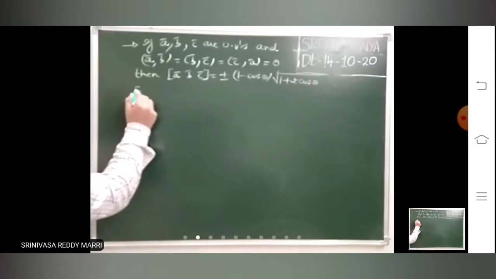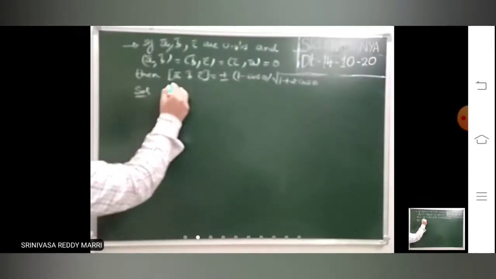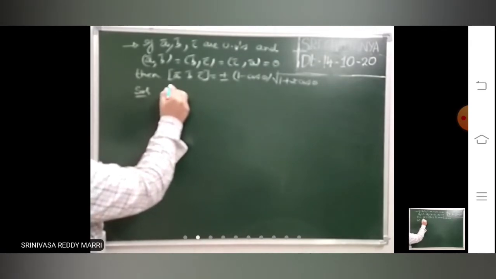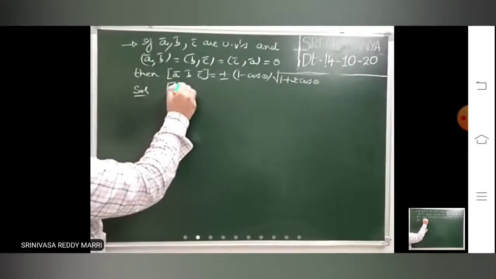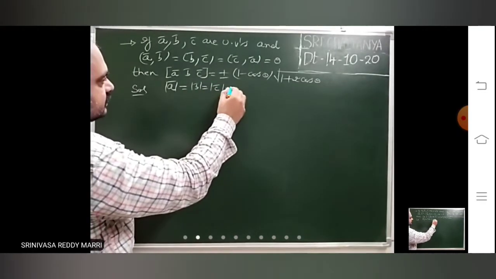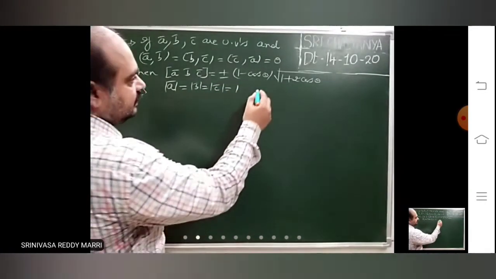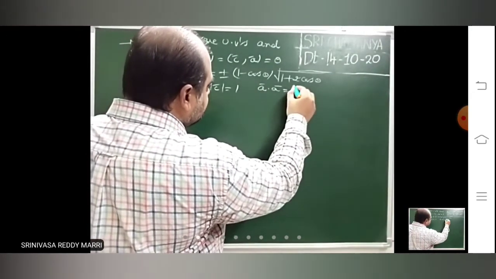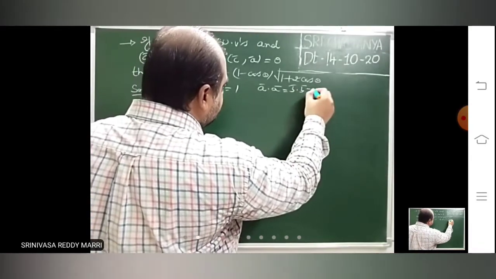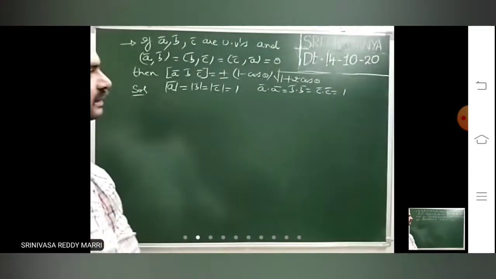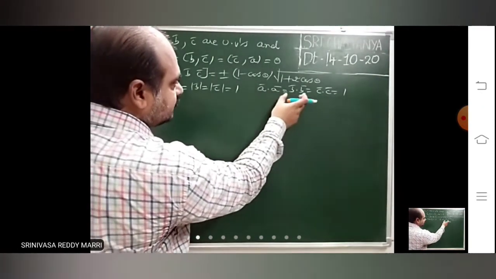Look at here, the theorem, how to derive everything. Here the vectors are unit vectors. Unit vector means modulus A bar equals modulus B bar equals modulus C bar equals 1. So A dot A equals B dot B equals C dot C, which is 1, since A dot A means modulus A whole square.